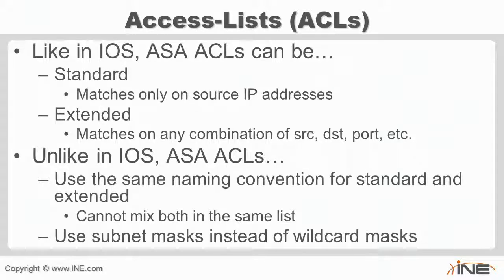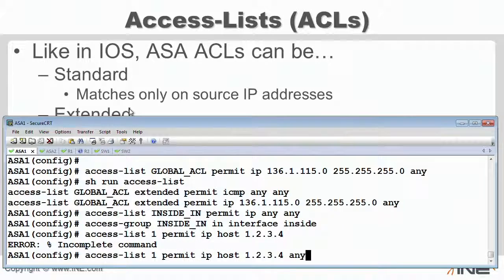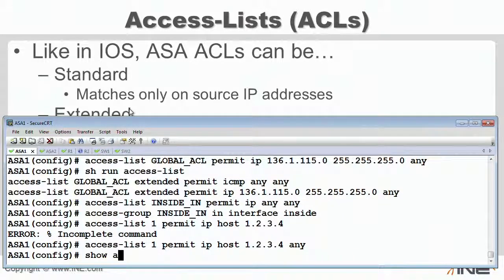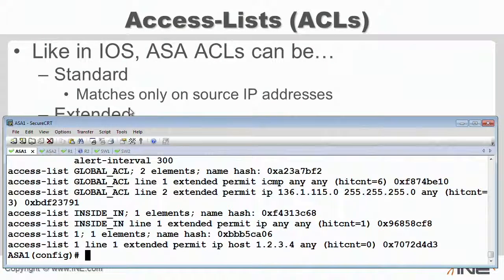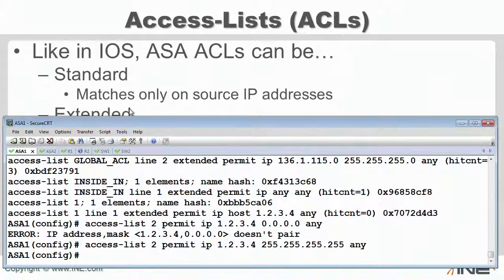So if we wanted to permit a specific host, let's say access-list 1 permit ip host 1.2.3.4 going anywhere, and if we show access-list, this is the equivalent of saying not permit ip 1.2.3.4 0.0.0.0. It's actually the subnet mask of all 255s.